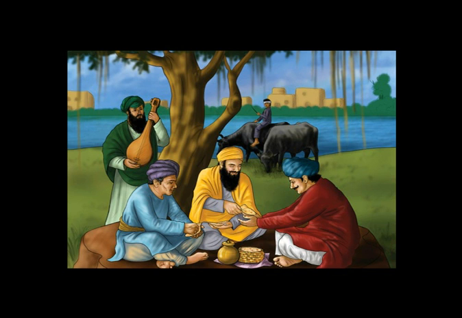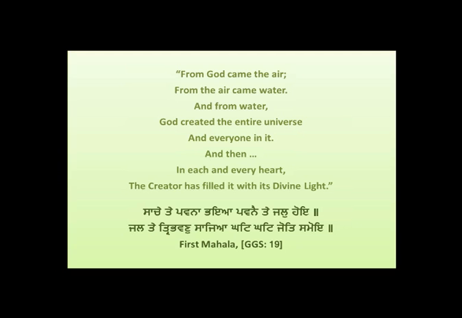Bhai Mardana went and sat next to Guruji and started to play the rabab. Guruji sang, "From God came the air, from the air came water, and from water God created the entire universe and everyone in it. And then, in each and every heart, the Creator has filled it with its divine light."